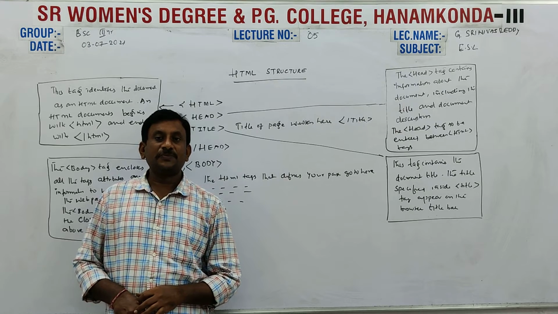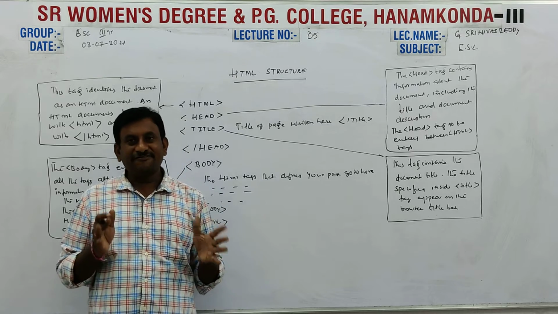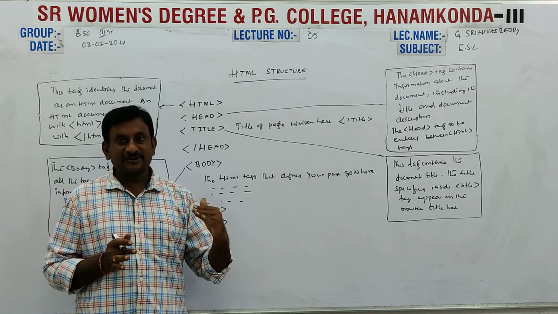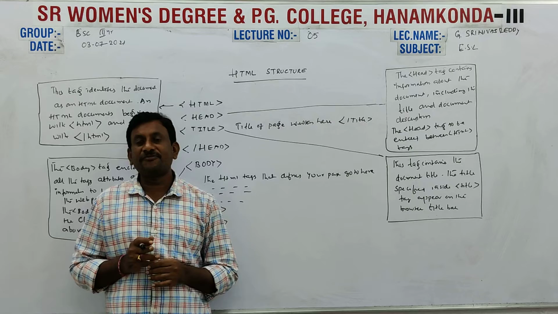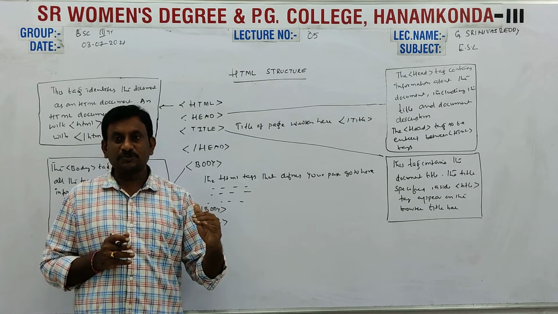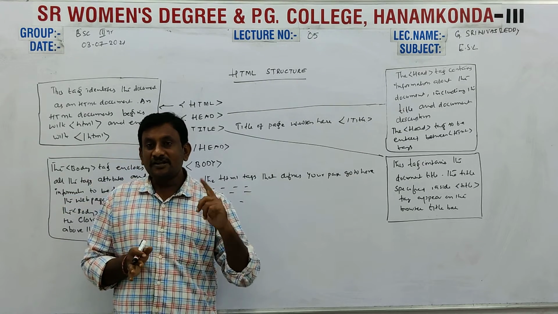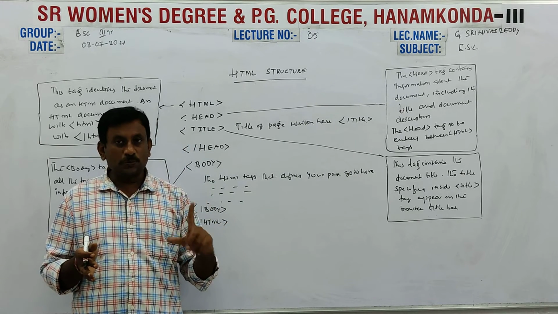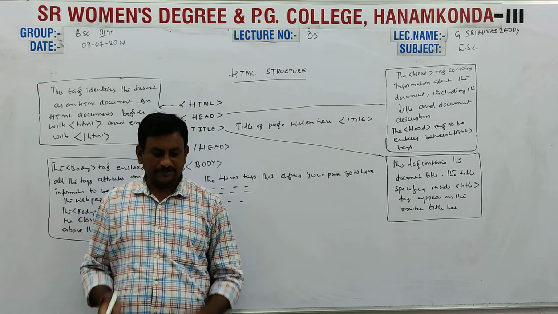Otherwise you can download Google Chrome from the net. We already discussed in yesterday's class different types of browsers as well as different types of text editors. These programs can run on any type of browser. By default it is Internet Explorer. These programs can be written in any one of the editors like Notepad. Whenever Windows 95 or Windows XP is installed, it provides Notepad by default, and in the same way provides the browser called IE, Internet Explorer.